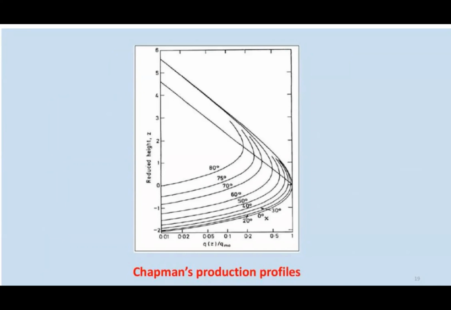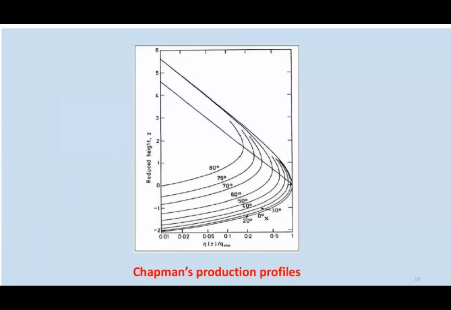At that time, the production starts at a higher height. As we move toward noon, the sun is coming closer to the zenith, and therefore the solar zenith angle is decreasing, and exactly at noon it will become 0. At that time, the production peak comes down to lower heights.